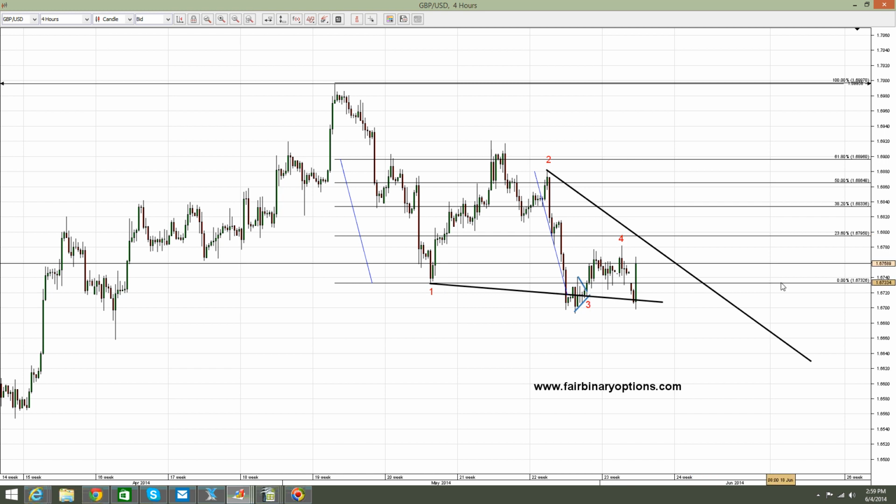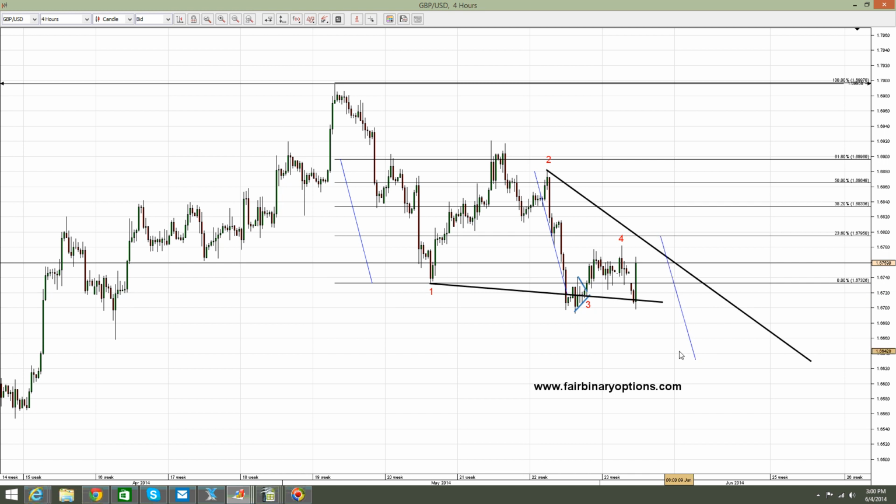And then what would be the fifth wave? Well, is it possible for the fifth wave to be the move to the downside? Yes. What we do know is that the fifth wave needs to be definitely shorter than this move here. Usually it relates to 38.2 when compared with this move.